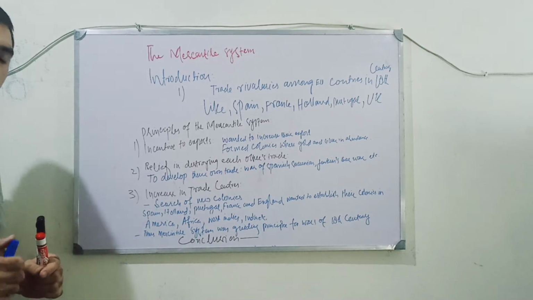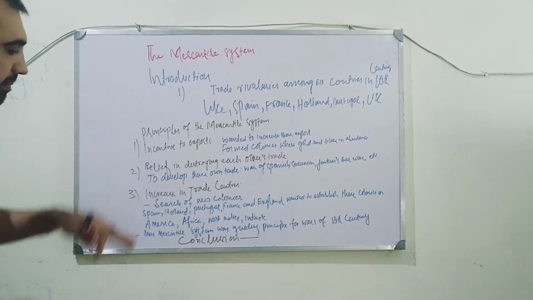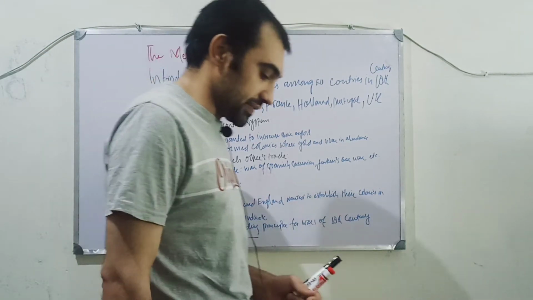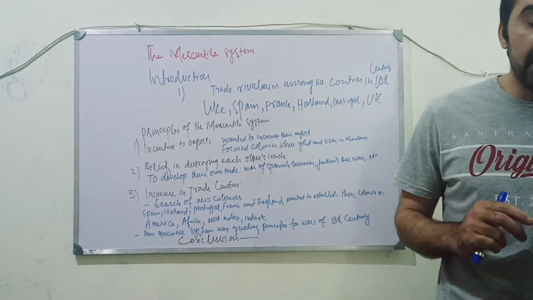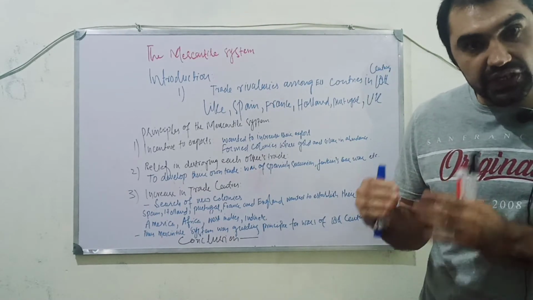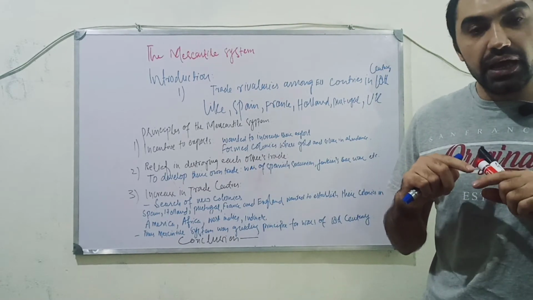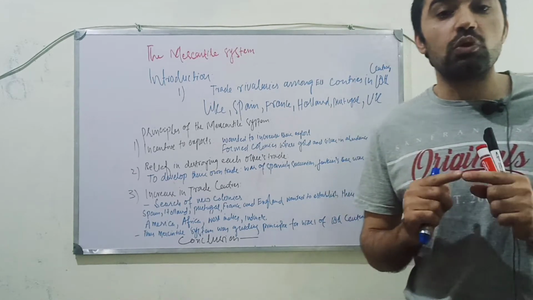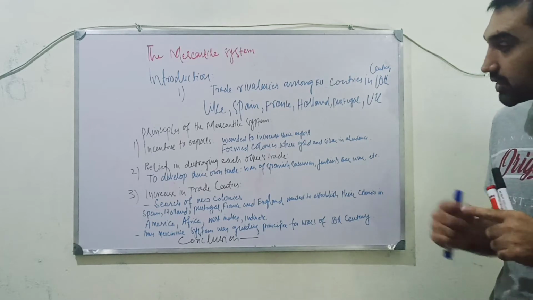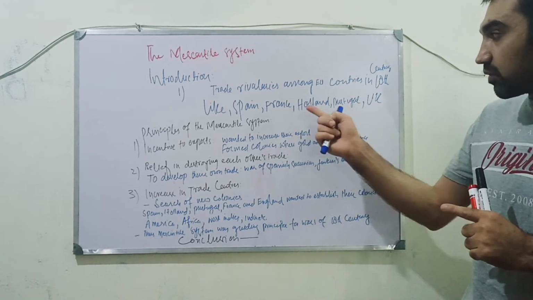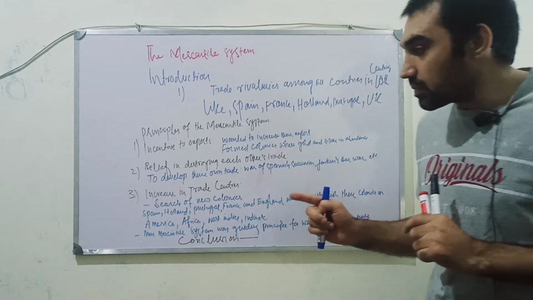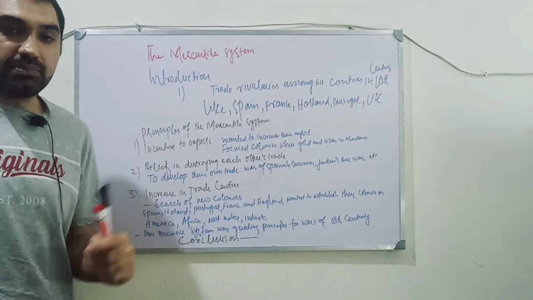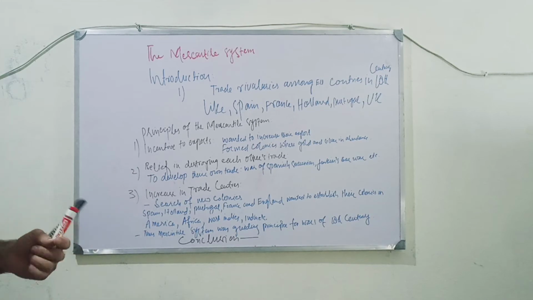The third important principle in the mercantile system is an increase in trade centers. To increase their trade centers, they developed this system. This system was developed by the European powers, like these four or five powers. So an increase in trade centers was another factor behind introducing the mercantile system.